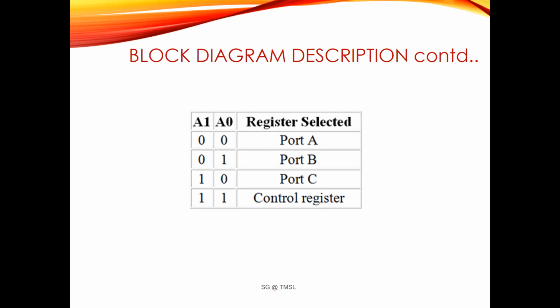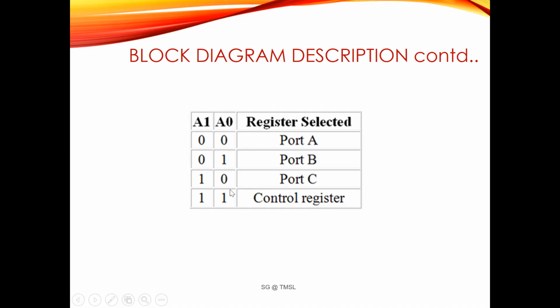If both address bits are 00, only port A will be selected. If A0 is 1 but A1 is 0, only port B will be selected. And if A0 is 0 and A1 is 1, only port C will be selected.